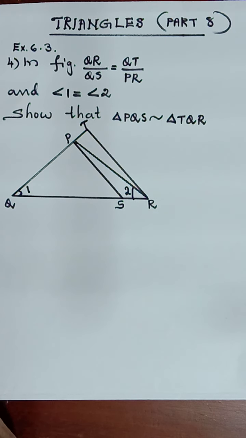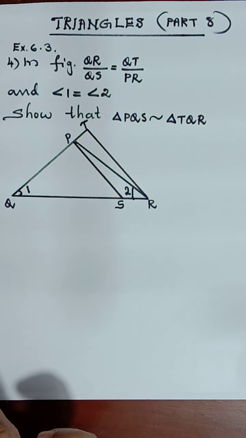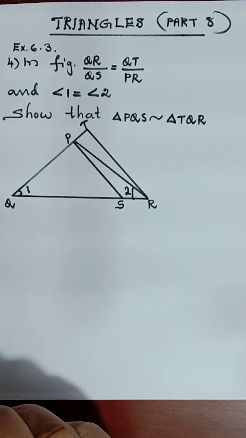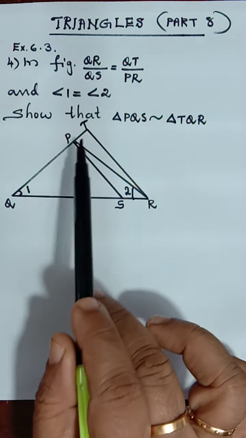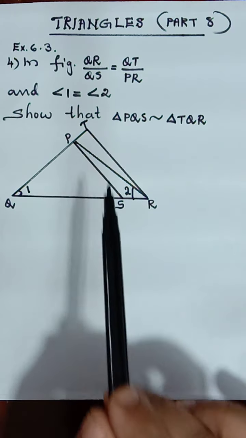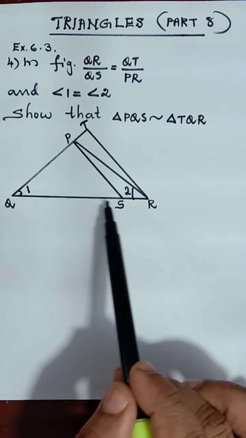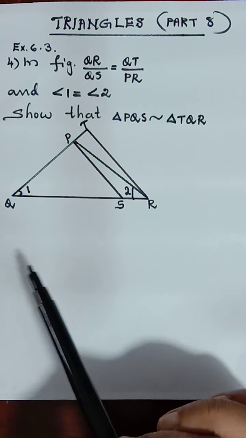Today, let us discuss triangles part 8. Exercise 6.3, question number 4. In the figure, QR by QS is equal to QT by PR. In the figure, we can say TQR is a triangle. Similarly, PQS is also a triangle.